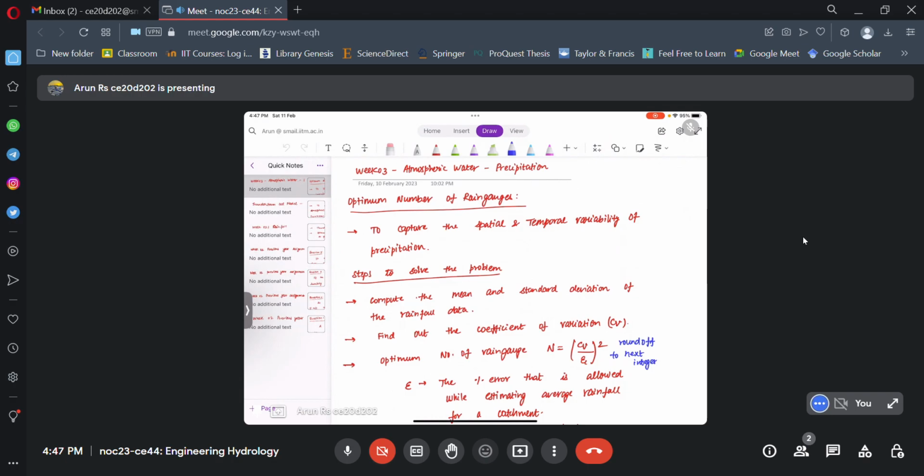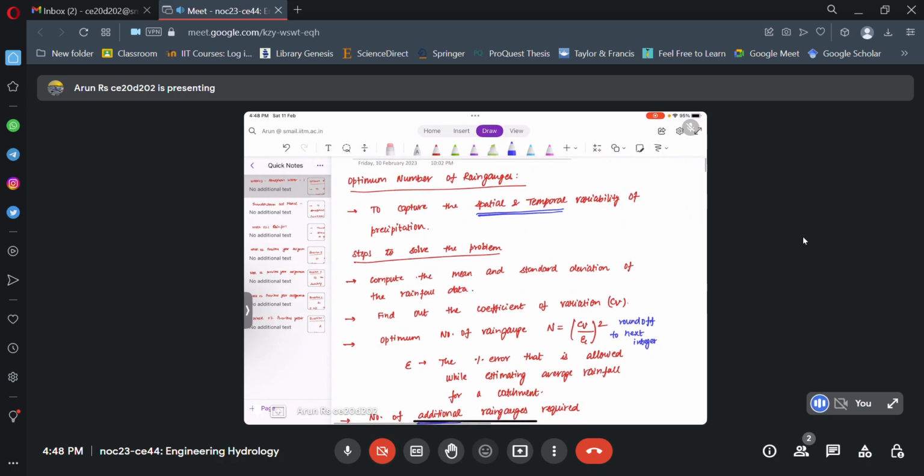To capture this variation, we need a network of rain gauges, so that we can analyze many of the models like HEC-HMS or other hydrologic models, derive some interesting conclusions, and use it for flood forecasting or any other applications. So now we need to estimate the optimum number of rain gauges in a catchment.